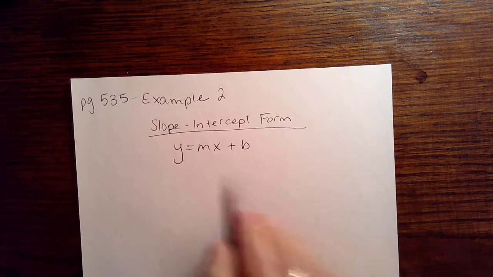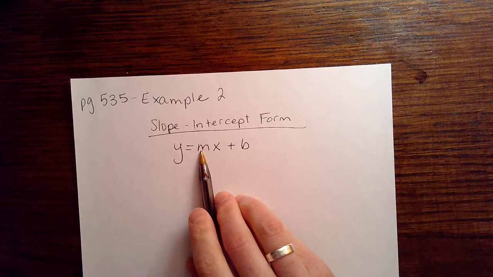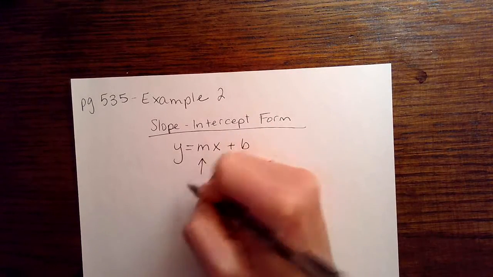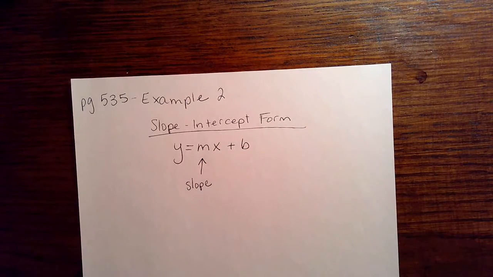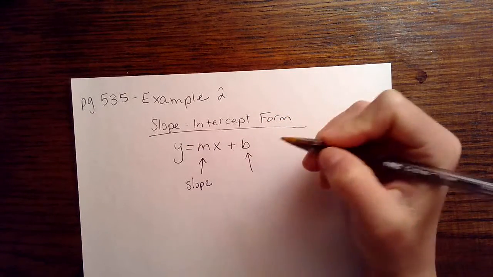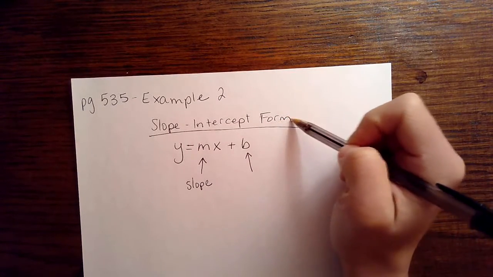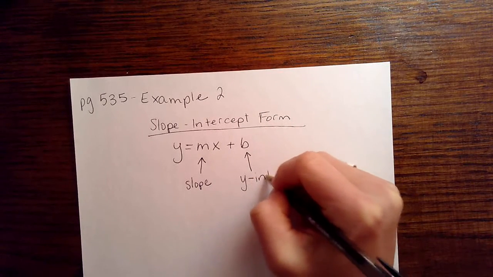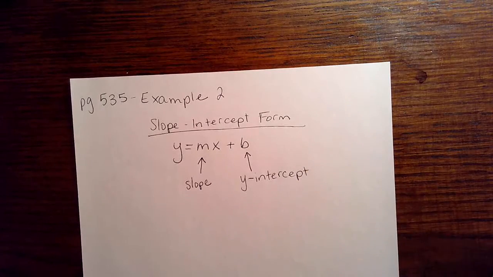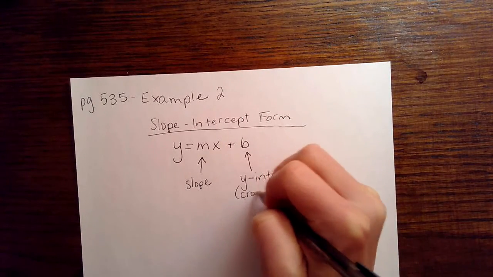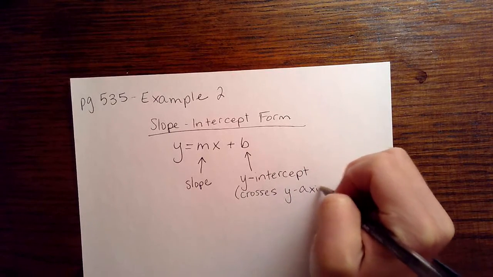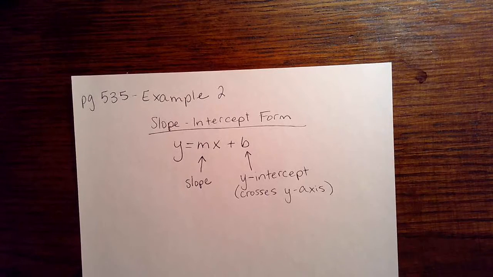Hopefully you notice that m we've seen before to represent something. In fact, we just saw that it represents slope, the slope of my line. And b, maybe you guessed it from the name of this form, is the intercept. But which intercept? b is the y-intercept, or where the line crosses the y-axis.